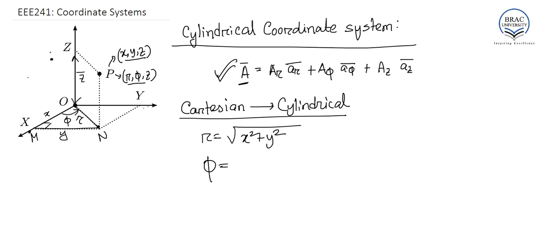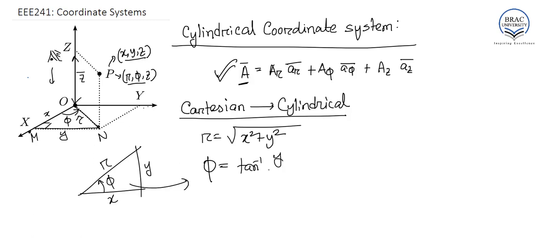Let's say we are looking from the top straight down. We'll be looking at a right angle triangle like this. This is x, this is y, this is r, and this is the angle phi. So phi, from this triangle, we can write as tan inverse y by x. And z is the same as before.